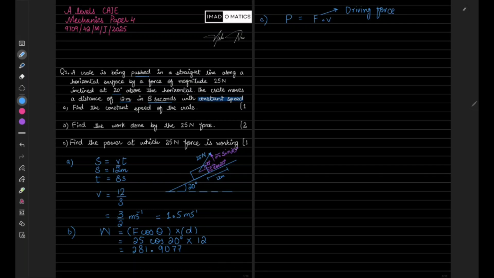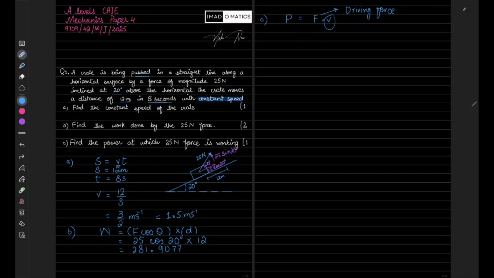And the velocity at which the 25 Newton force is working, we know: we just found it to be 1.5 meters per second.